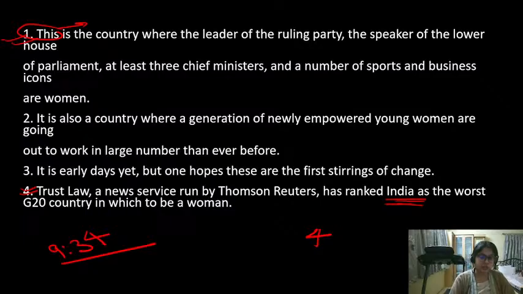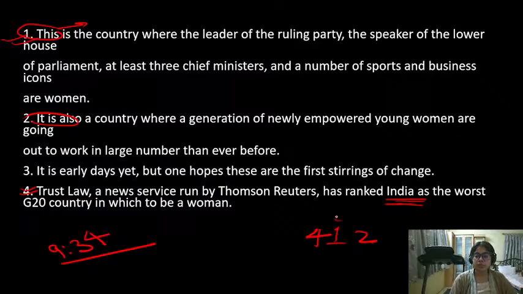Then potentially one. This is a country where the leader of the ruling party and the Speaker of the lower house of parliament, at least three chief ministers, and a number of sport and business icons are women. Okay. Then it is also a country, comes after obviously, so it should be one and two. It is also a country where a generation of newly empowered young women are going out to work in larger numbers than ever before.